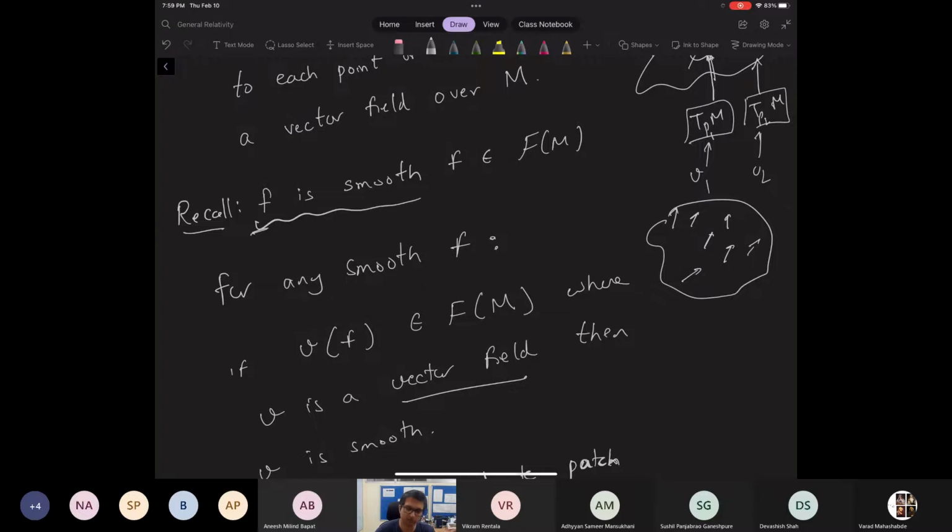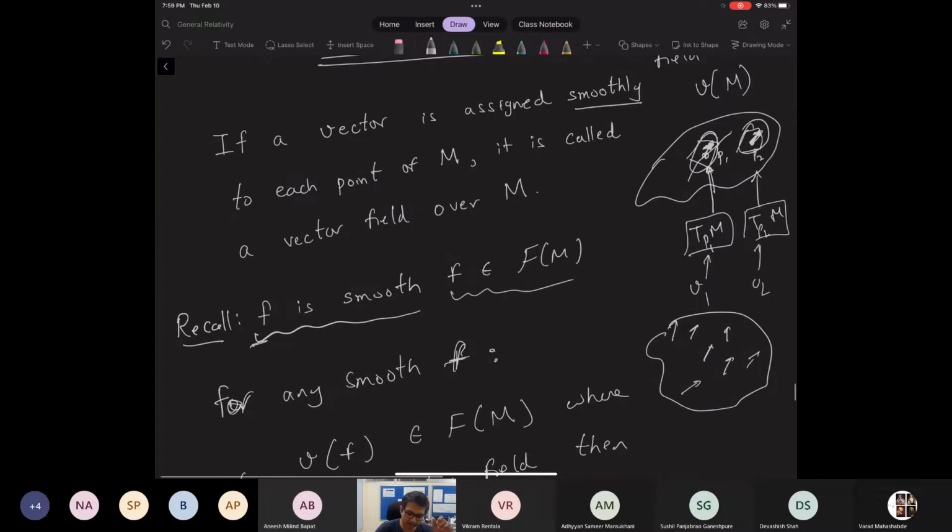So if we had this notion of smooth functions, functions belonging to F(M), and for any smooth function f, you say that your vector field V... Now, when I use the symbol V as opposed to V_p, this is vectors at all points p.